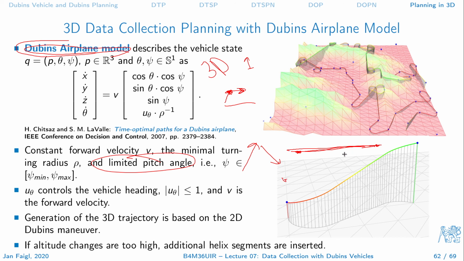But if we have a very small change of altitude and the locations are very close, we need to actually perform some maneuver. It's not that interesting. But if you have locations very close in 2D projection, but at significantly different altitudes, you actually need to perform this helix spiral to reach it.